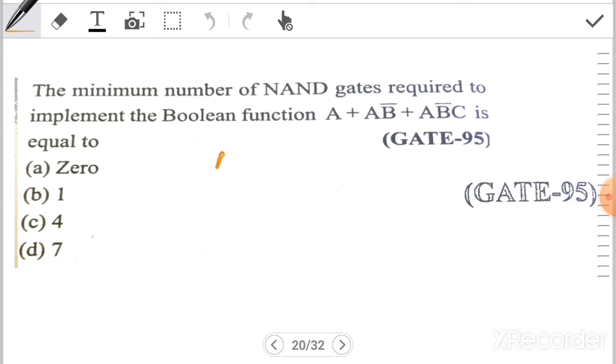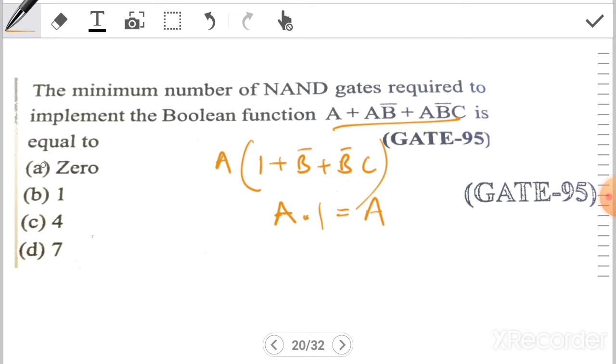Take a out, 1 plus b complement plus b complement c. So this is a again, because this is 1. So we don't need any number of gates here. Even single NAND gate is not required to implement this function. So 0.